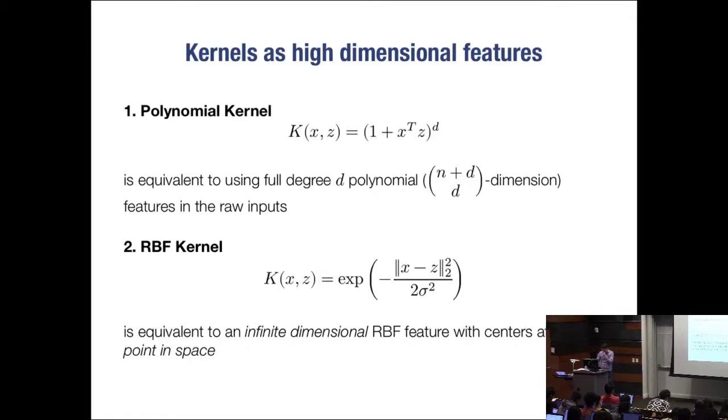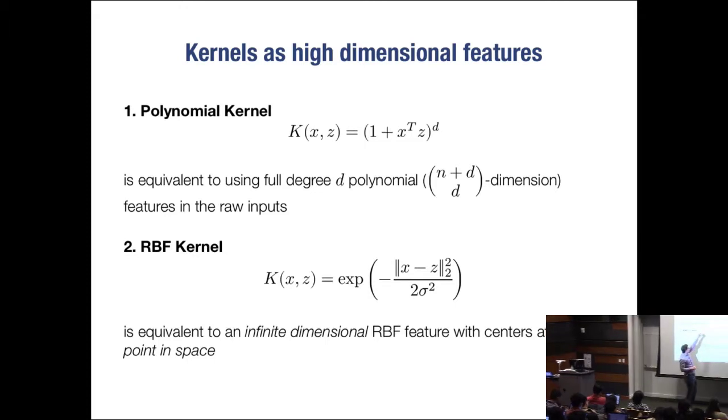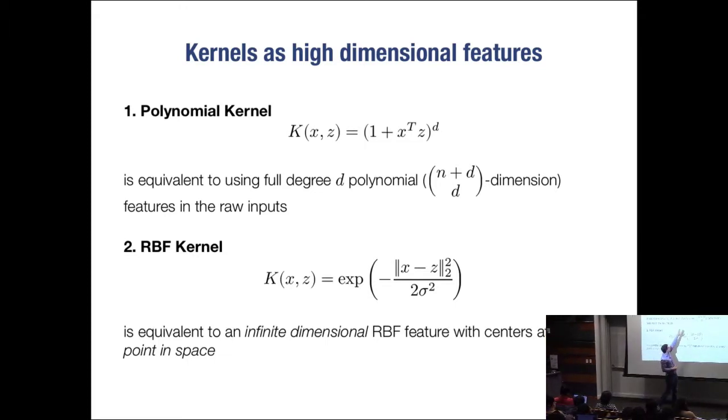Okay, so here are the two most common examples of kernels you will see. The polynomial kernel, which takes two inputs, x and z, just to keep them distinct. I take 1 plus x transpose z, just the inner product there, and raise that whole thing to the dth power. Looks simple enough.